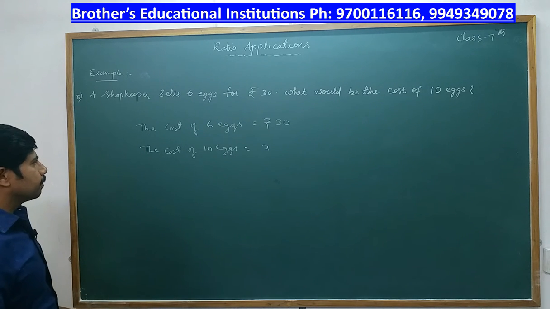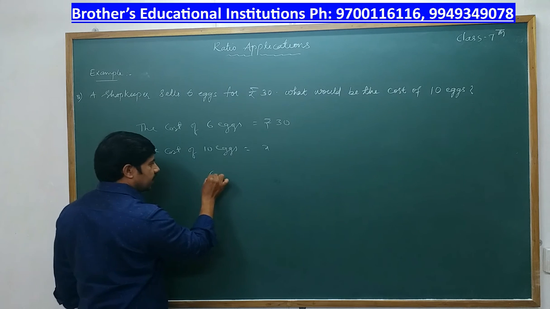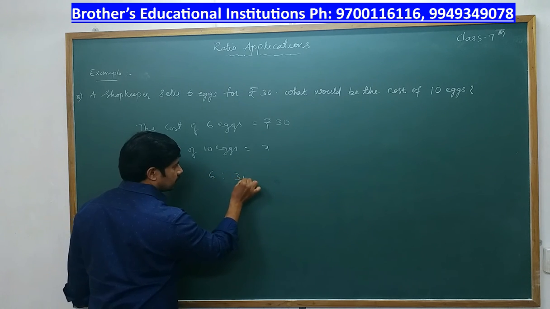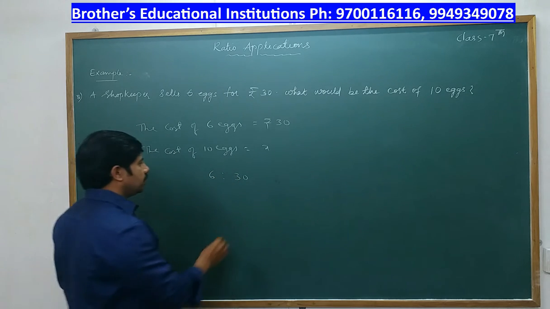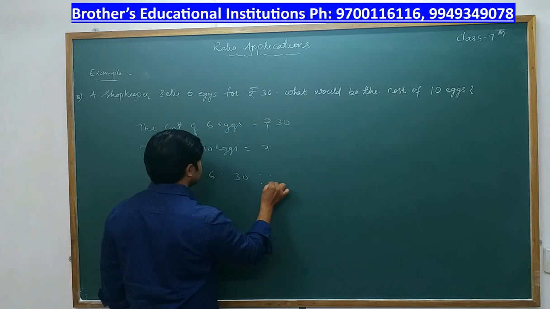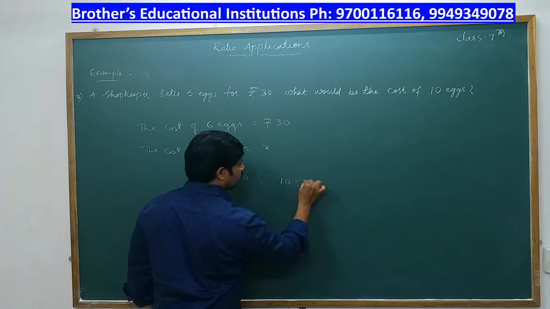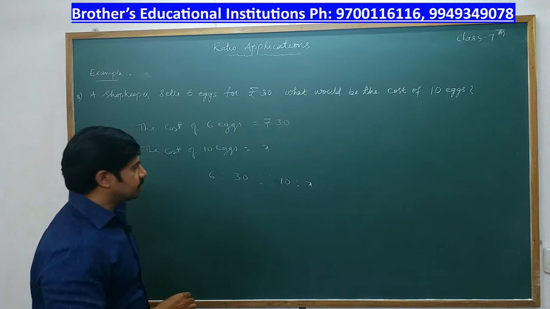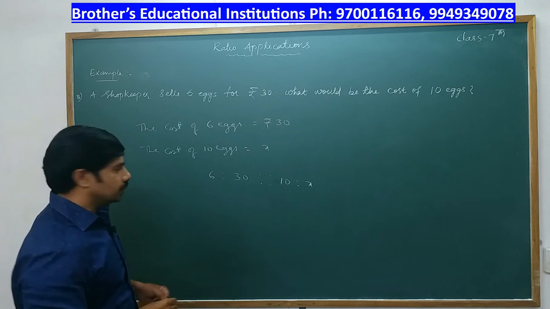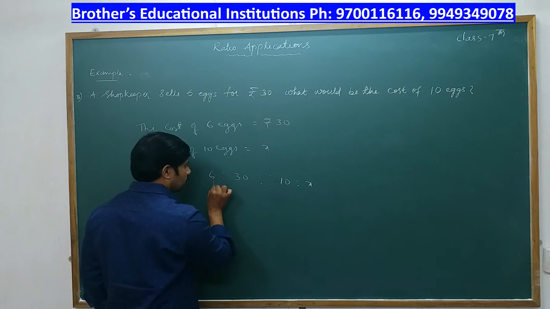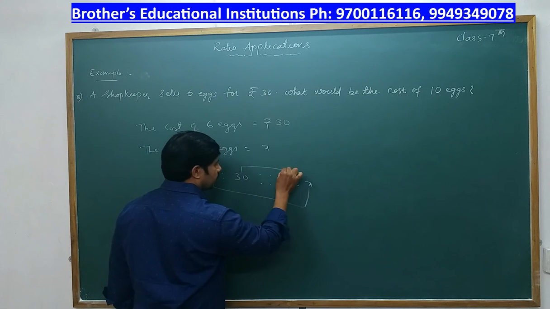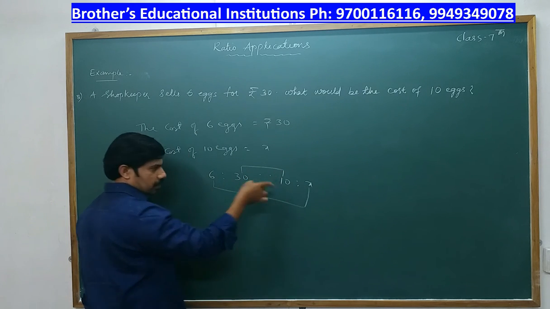Now here, see, 6 cost 30 rupees. 6 is to 30 as 10, whose cost we have to find out, I am assuming as x. Now they are in proportion, so just do the product of means and product of extremes.